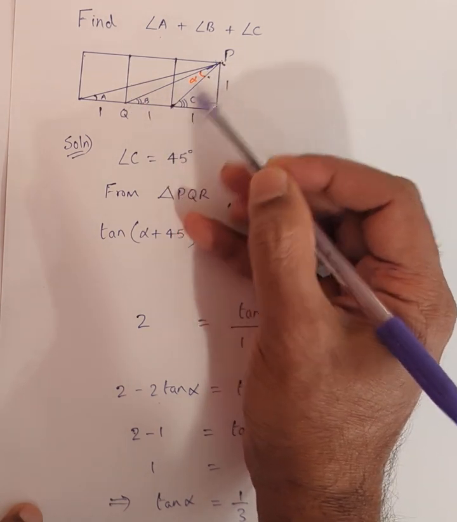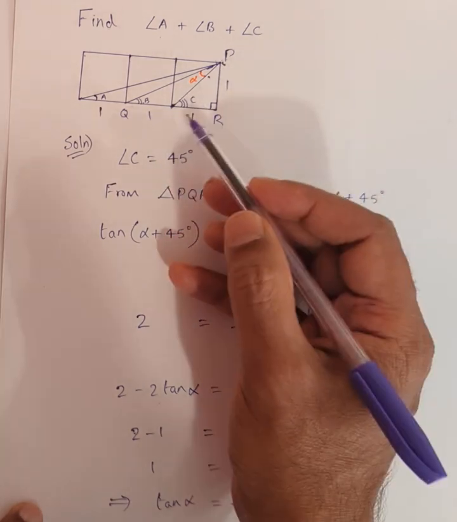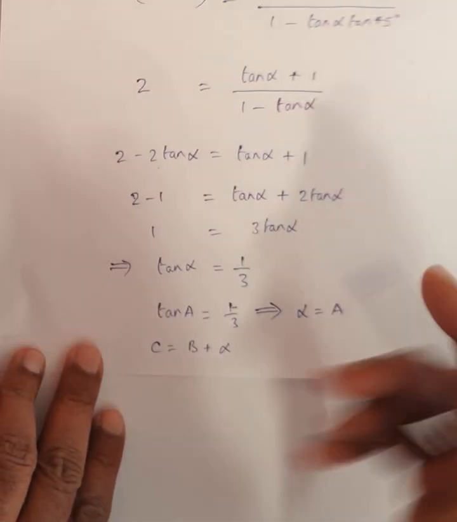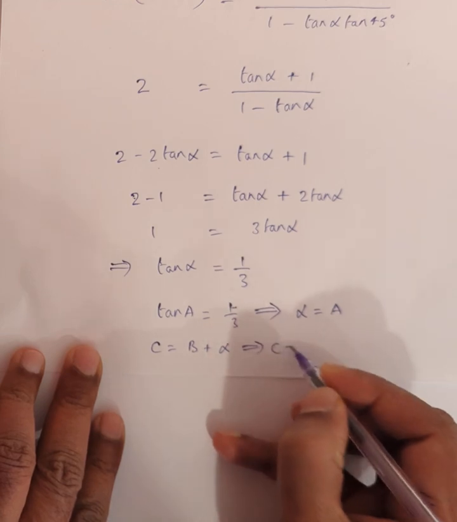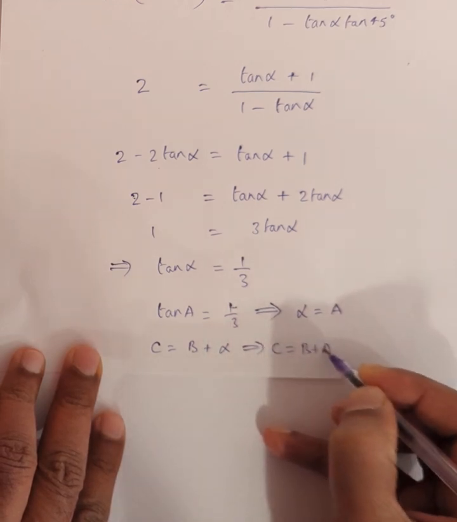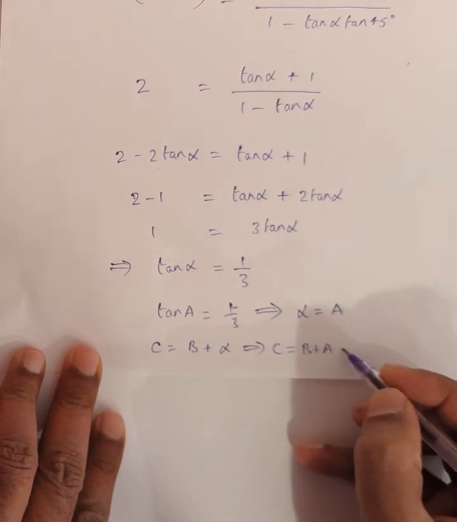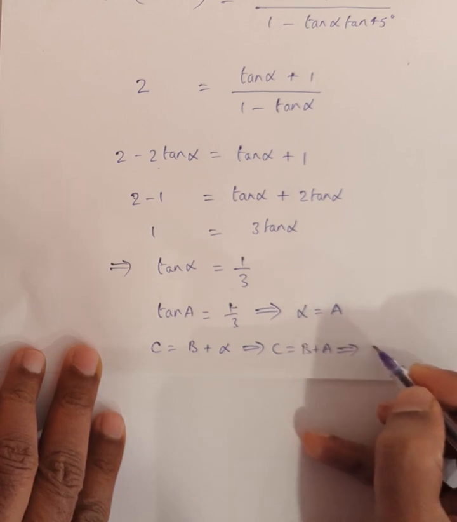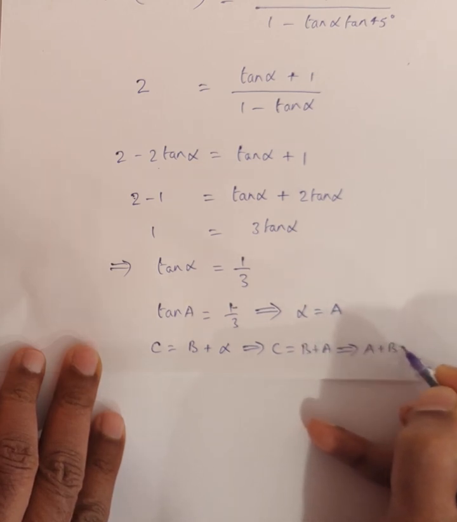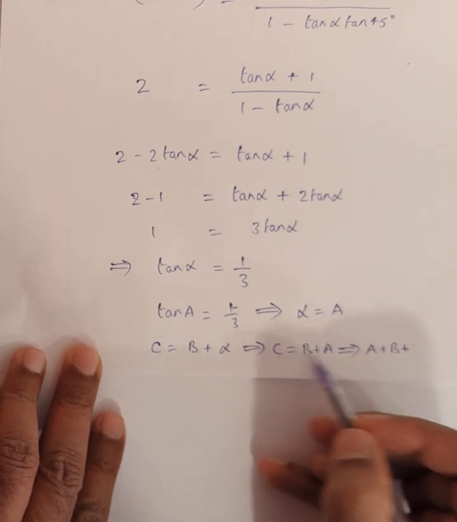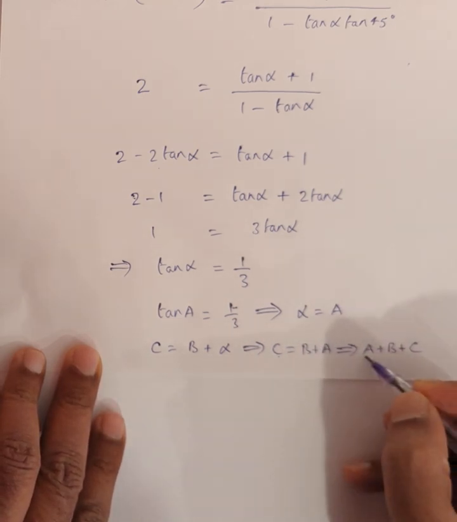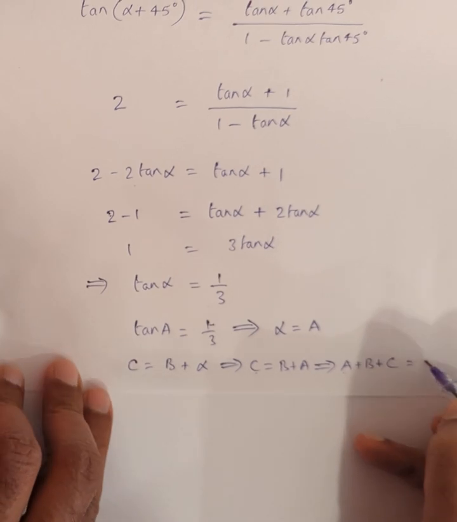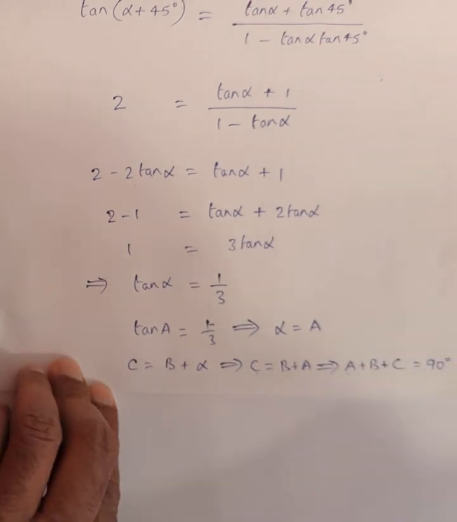So C is B plus alpha, which means C is equal to B plus A. So A plus B plus C is 90 degrees, because C is 45 and A plus B is also 45, so 45 plus 45 equals 90 degrees. And that's our answer.